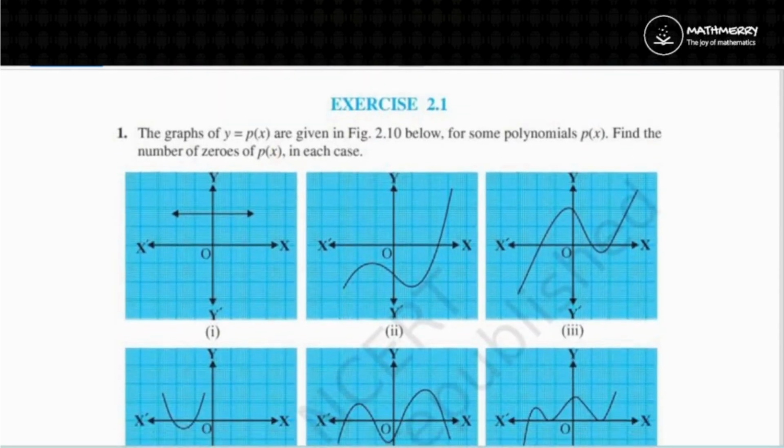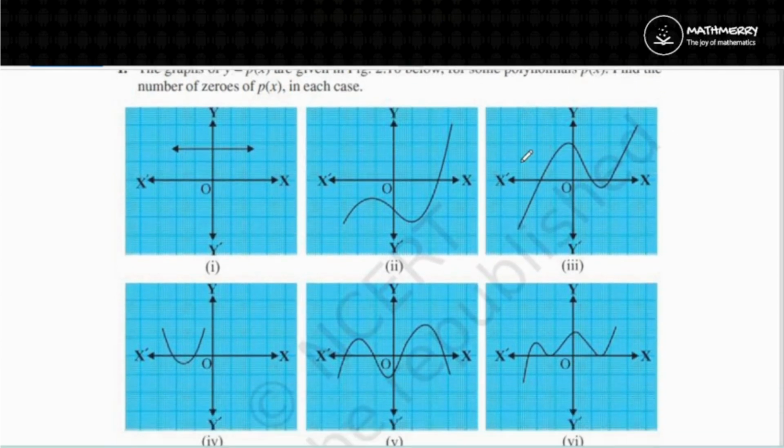Now, exercise 2.1, our first question. The graphs of y equal to p of x are given in figure 2.10 below. For some polynomials p of x, find the number of zeros of p of x in each case. Now, the first one, we have a straight line, but it's parallel to the x-axis. It is not touching the x-axis, so no zeros are possible.